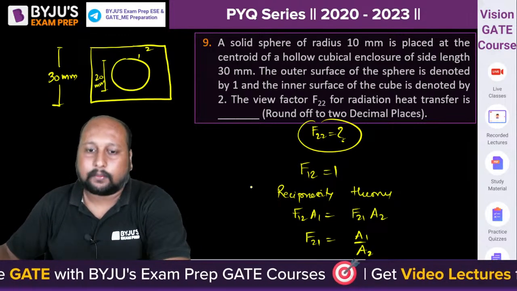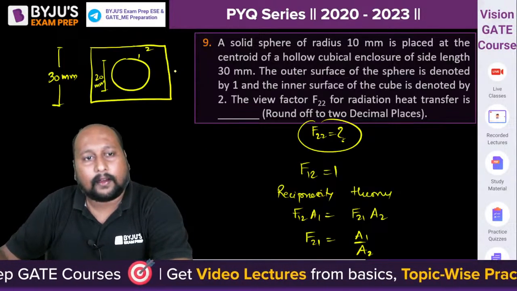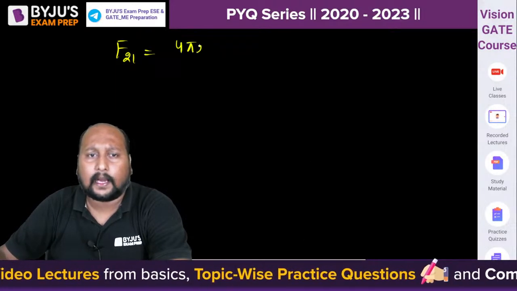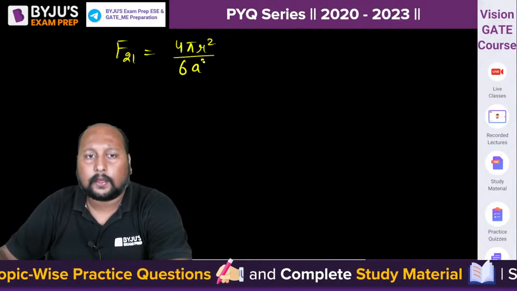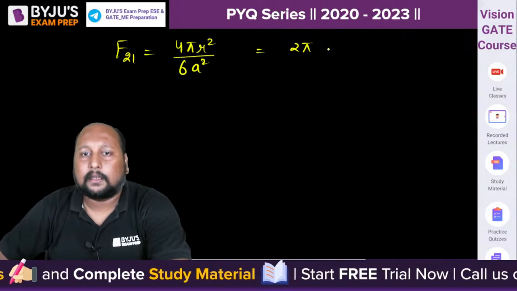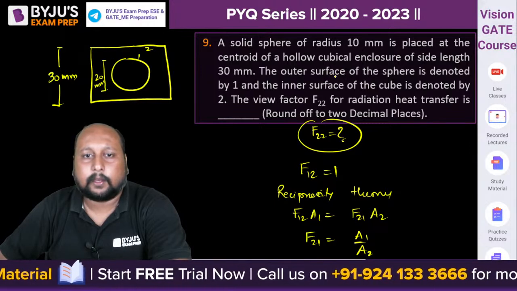After that you can use the summation rule. So F21 is equal to A1 by A2, that is 4 pi r square by 6 into a square. So this is 4 pi, r value is 10 square, divided by 6 into 30 square.